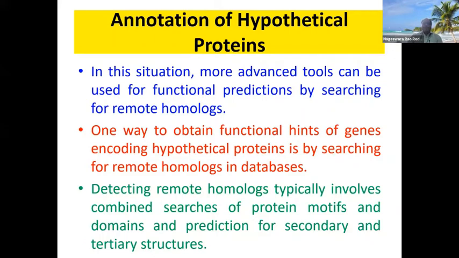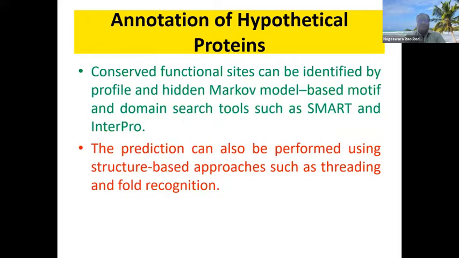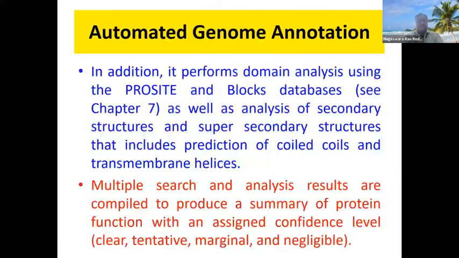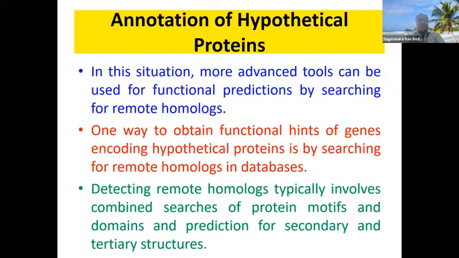What do you mean by remote homologs here? One way is we can combine motif information, domain information, secondary and tertiary structure information.